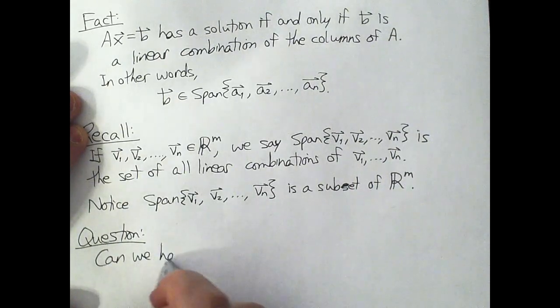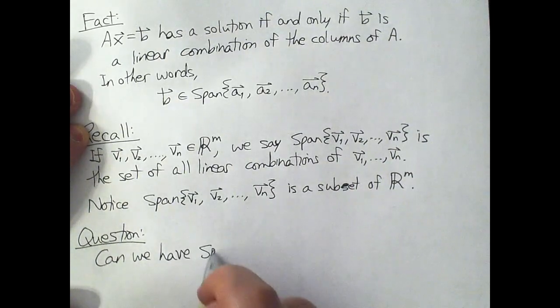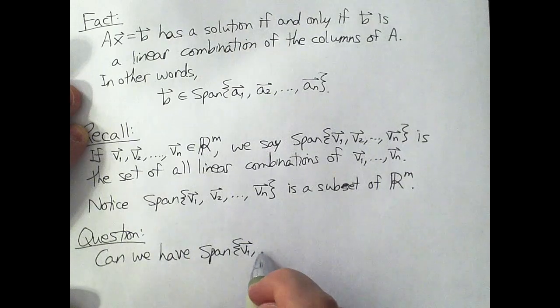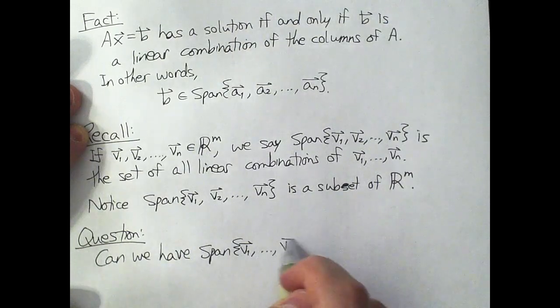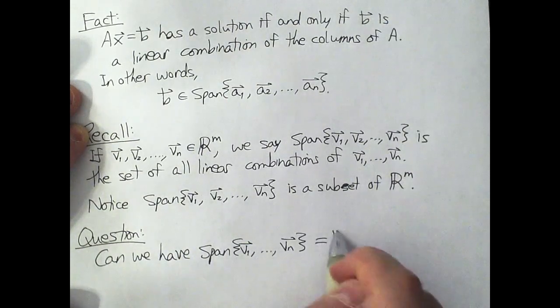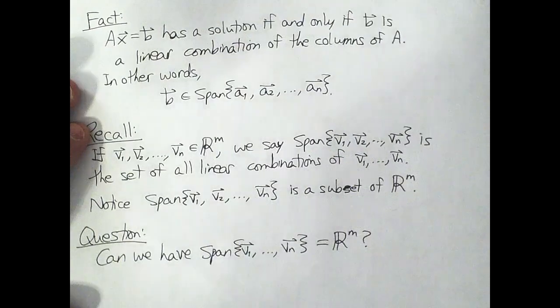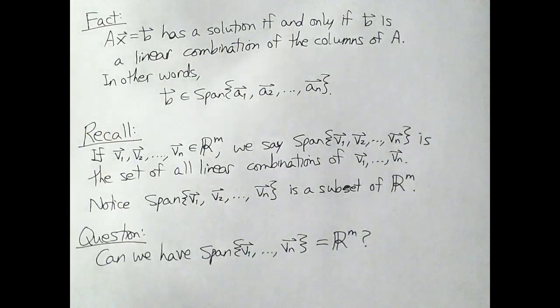That brings us to a question. Can we have the span of a bunch of vectors actually equal Rm? We know it's a subset of Rm, but can it actually equal the entire thing? And if so, what would it mean?